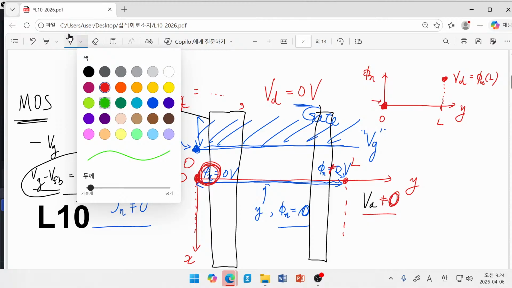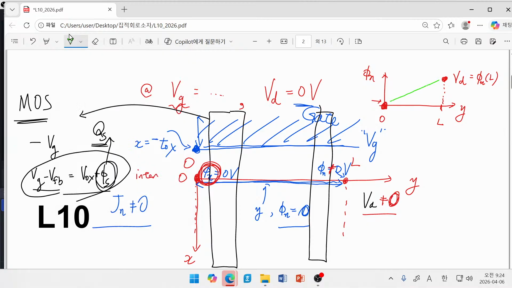So, for example, maybe you can say, why don't you just assume a straightforward line? Yes, that can be one solution. Or why don't you just consider parabolic behavior, this upward one? Or why don't you just consider other one like this downward one? So what will be the proper solution of this electron quasi-Fermi potential?